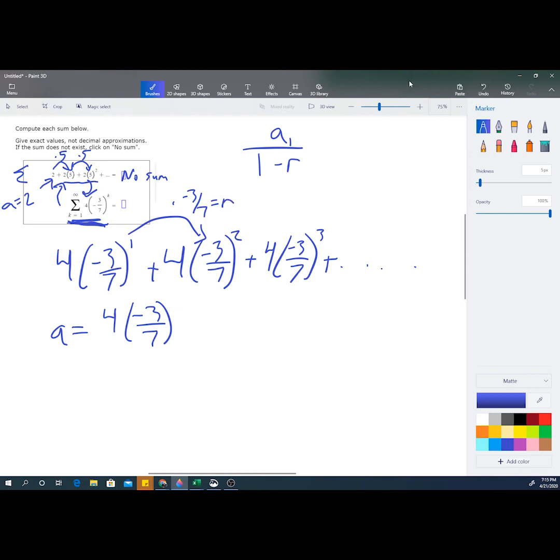And that is a number that is between -1 and 1. So it works. Its absolute value is less than 1. It's perfect. In other words, you will get a sum out of this that will not be infinity. So my rate here looks like that. So I just need to put it into my formula now.